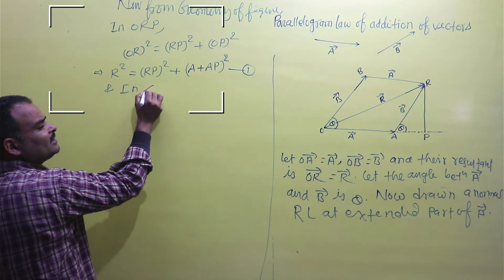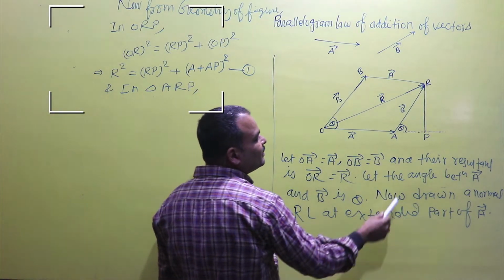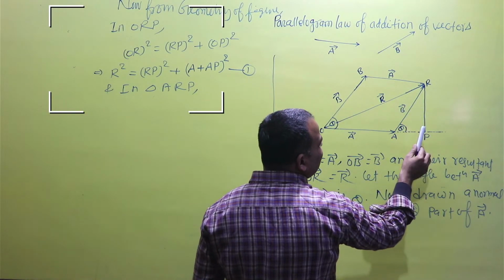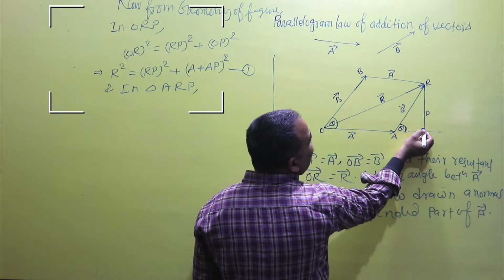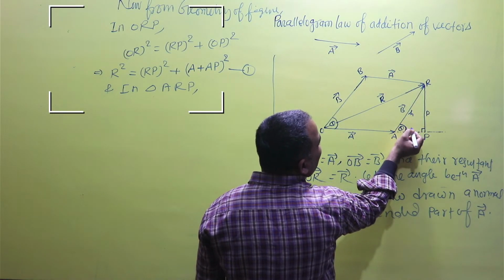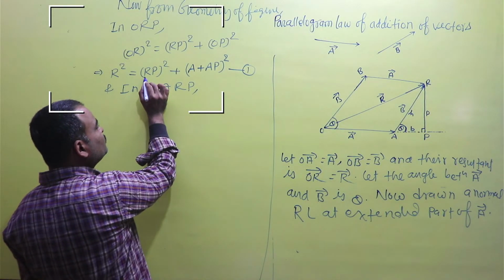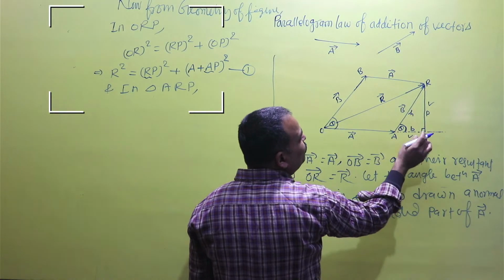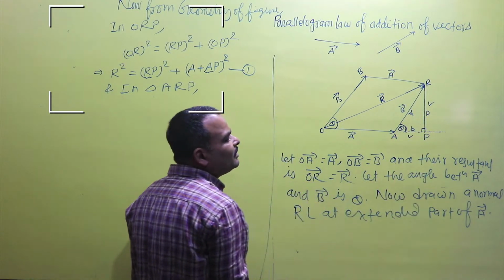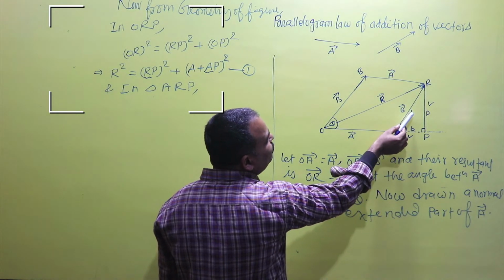And in triangle ARP, we have to determine the value of RP and AP, and both are lying in the triangle. So one is the perpendicular and one is the base, and already we have the value of the hypotenuse.